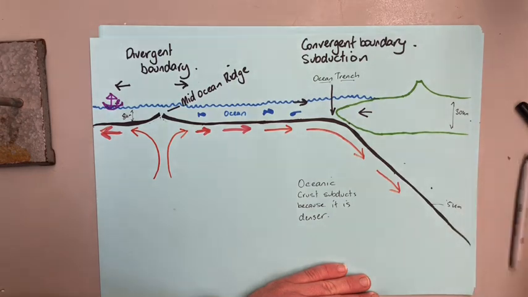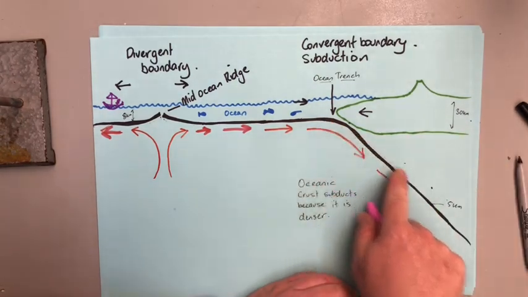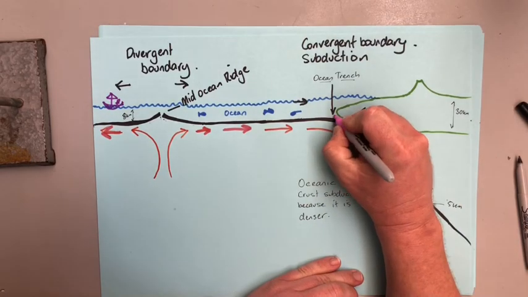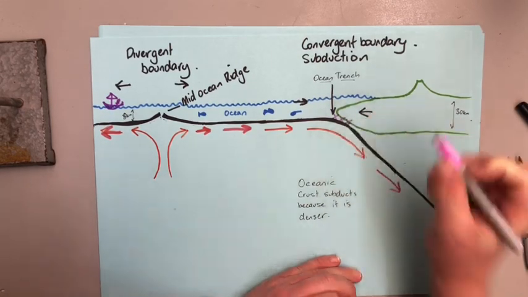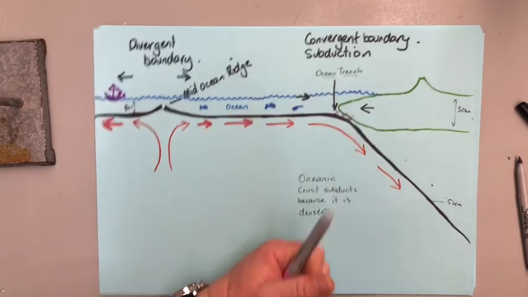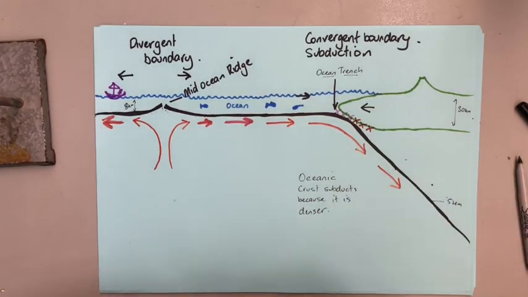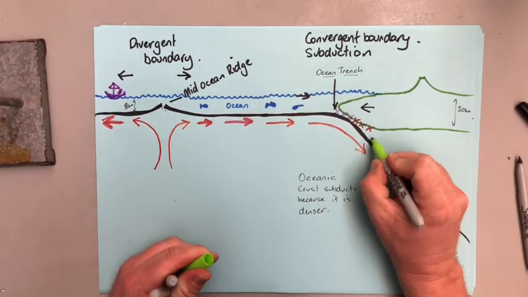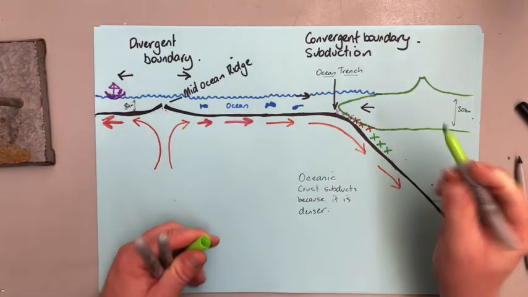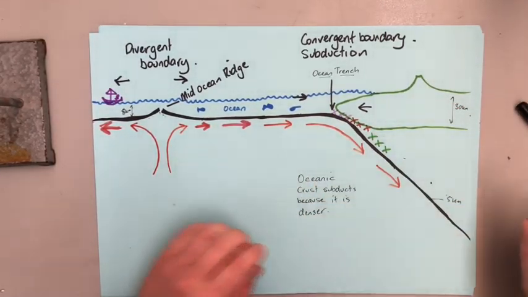Right, let's look at what happens here. As this crust makes its way downwards, it creates a lot of earthquakes. So, these are earthquakes.